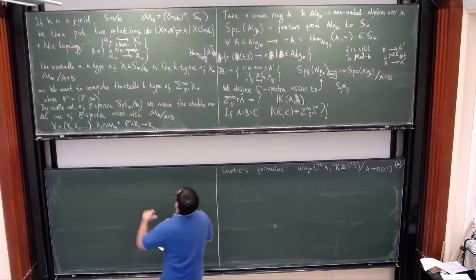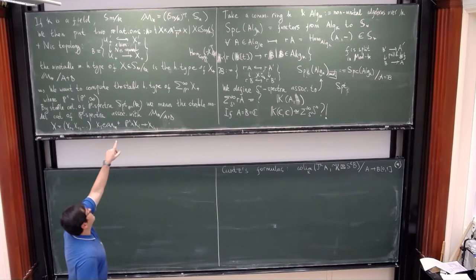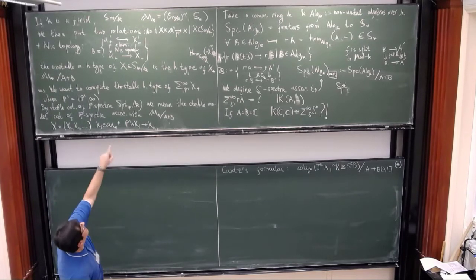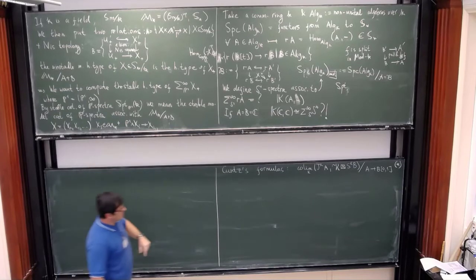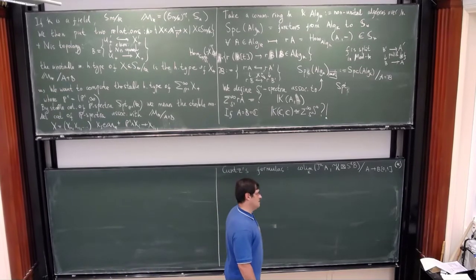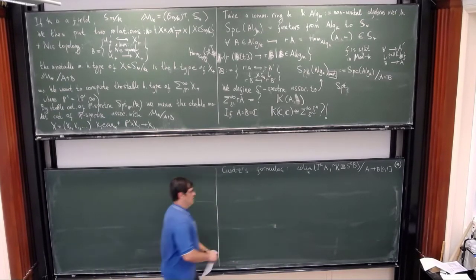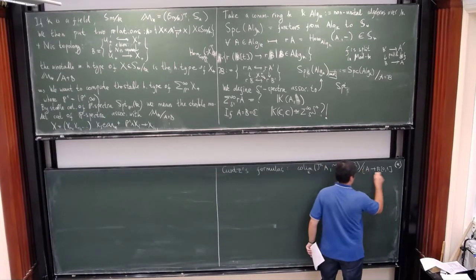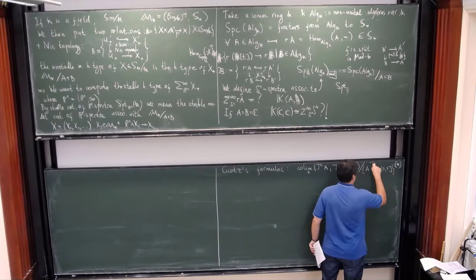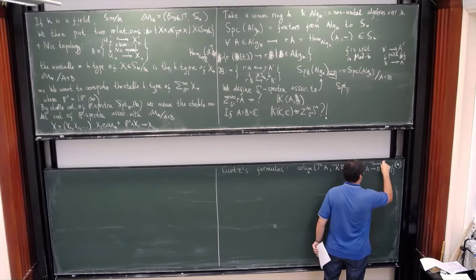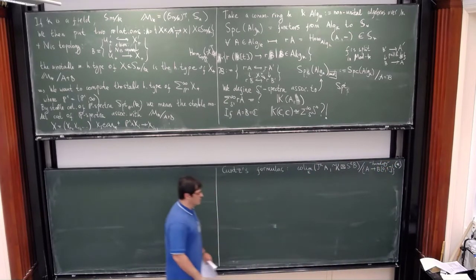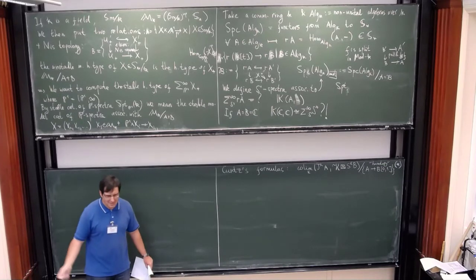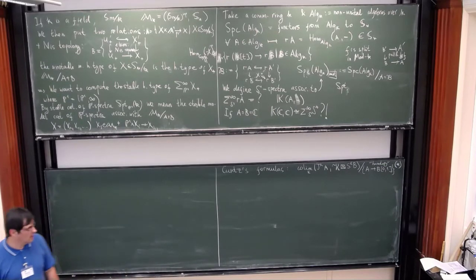So homotopy X cross A1, similar homotopy. I'm writing just this relation. It's okay, homotopy. So on locally convex algebras, it is called diffotopy, for example.